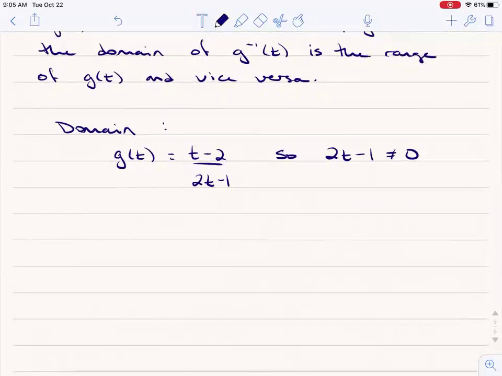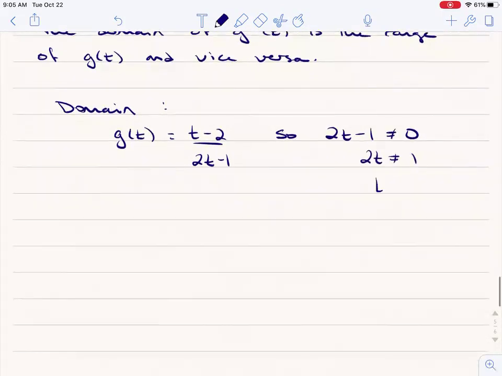Solving for t, we get 2t cannot equal 1, and so t cannot be 1/2.